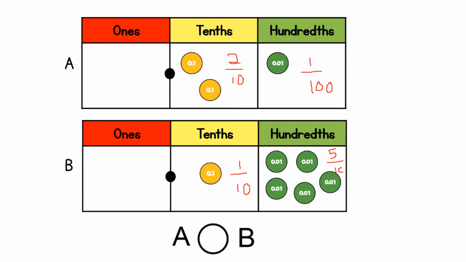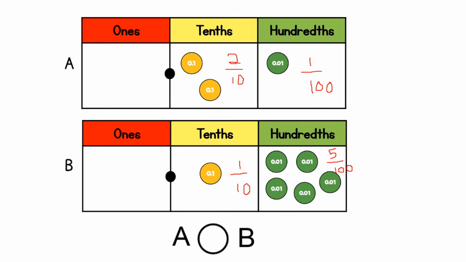So now we're comparing these decimals. So we're trying to see which one is greater. So as you know, nothing in the ones, so we have to go straight to the tenth to figure this out. So already we can see that 2/10 is greater than 1/10. So we wouldn't even need to look through the hundredths column, but we will for now.